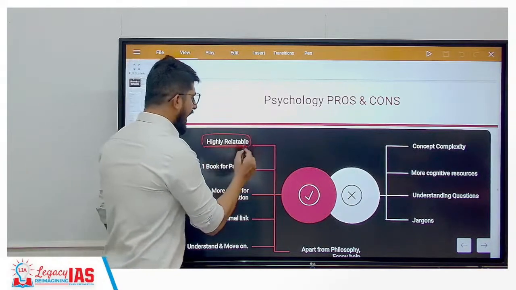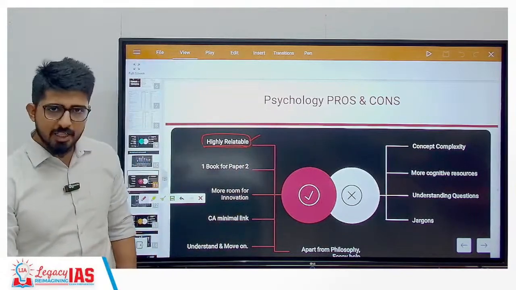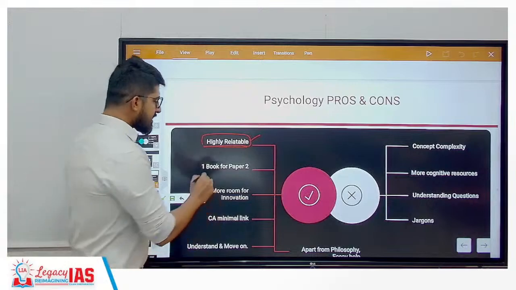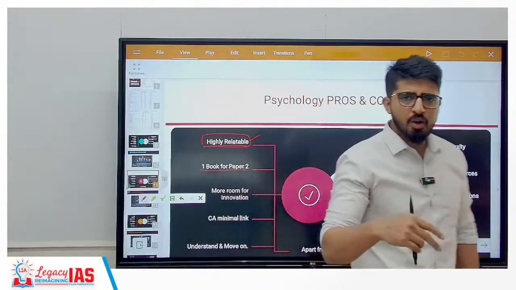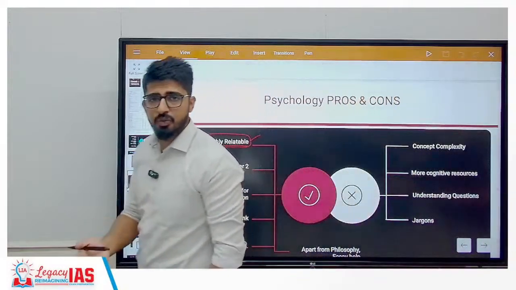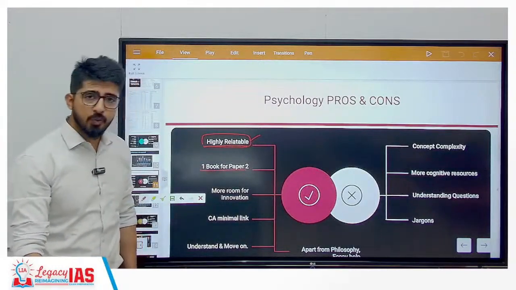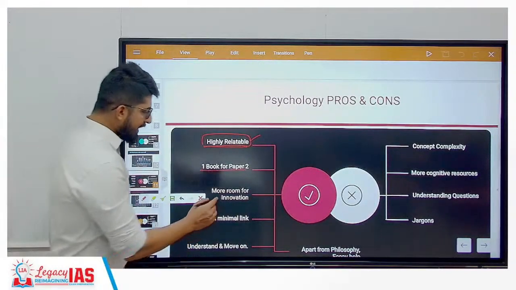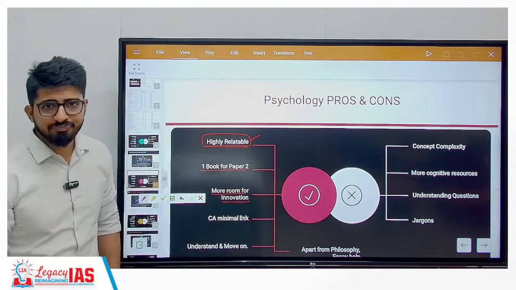So why they do what they do as an individual. It is highly relatable. Second, there is only one book for paper 2, and along with that, the content that is available in the classroom. Apart from that, you don't get much of it from paper 2. 3, more room for innovation while writing the answers.